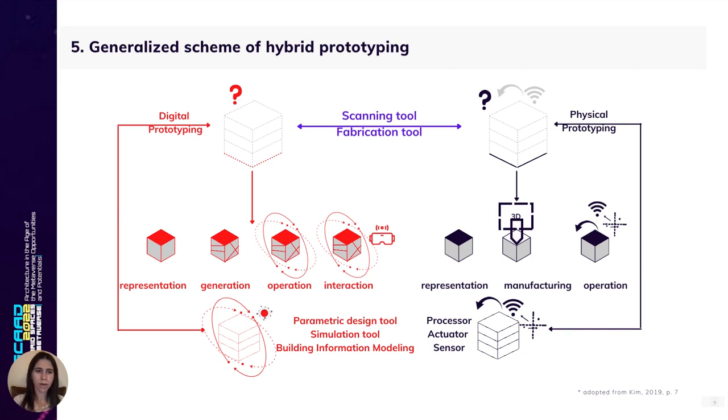There are some parts from representation, generation, operation, or interaction. As we see from this figure, one of the most important parts of hybrid prototyping is the operation, which can also be associated with the idea of a digital twin supported by sensors, processors, or actuators.